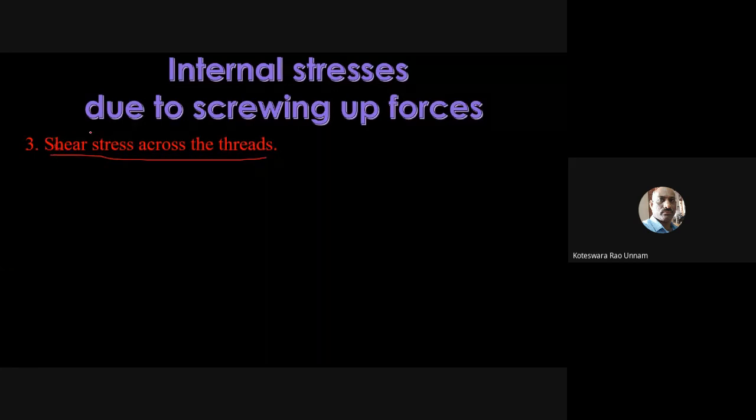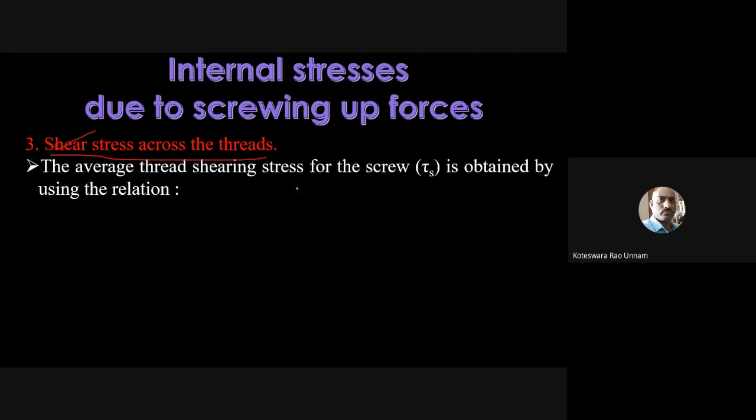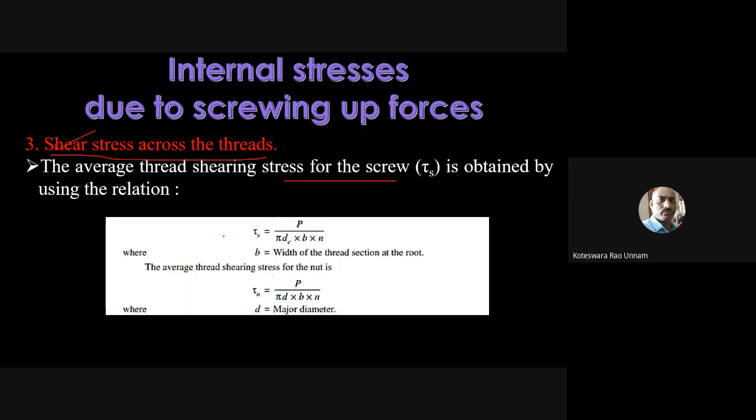The average thread shearing stress for a screw is obtained by this relation: tau s is equal to P divided by pi DC B into N, where P is the load, pi DC is the core diameter, B is the width of the thread at the section where you are calculating the shear stress, and N is the number of bolts. If you have more than one bolt, you need to consider that.